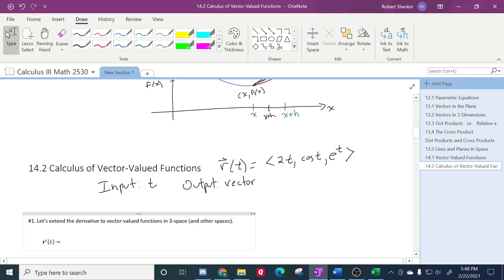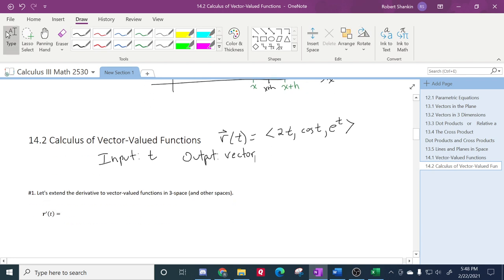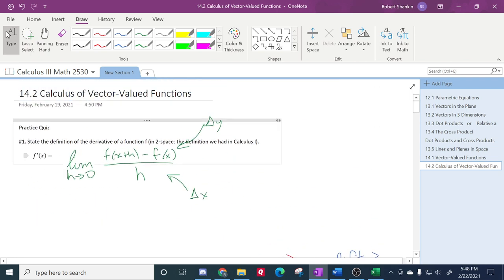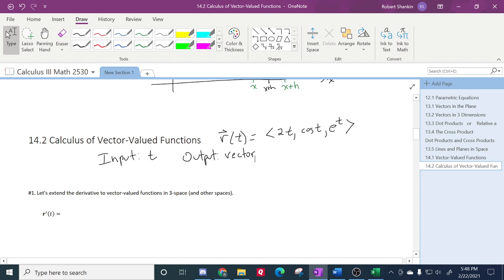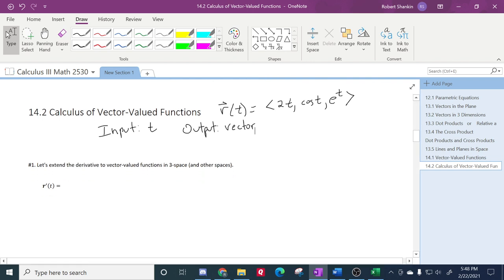Okay. And let's extend the derivative to vector valued functions in 3 space and other spaces. So we could go to 4 space, to 5 space, and it's real easy to extend it there. All right, so r prime of t, if f prime of x was this, then what makes sense for us for the derivative r prime of t here?